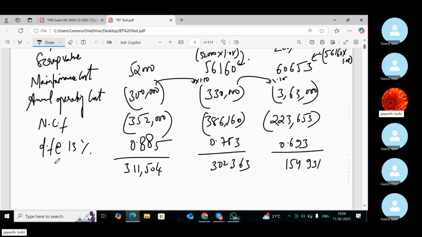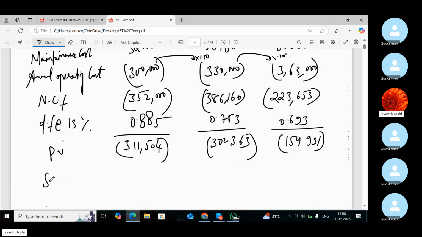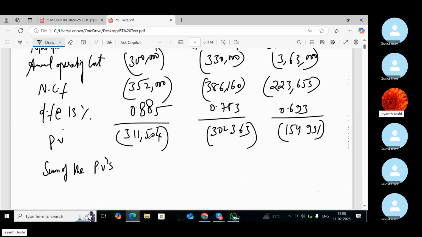So these are the discounted cash flows. Or we can say the present values after discounting the future cash flows with the discount factor. We get this sum of the present values of the cash outflow, and we get 768,858, and the initial investment we have made is 2 million.